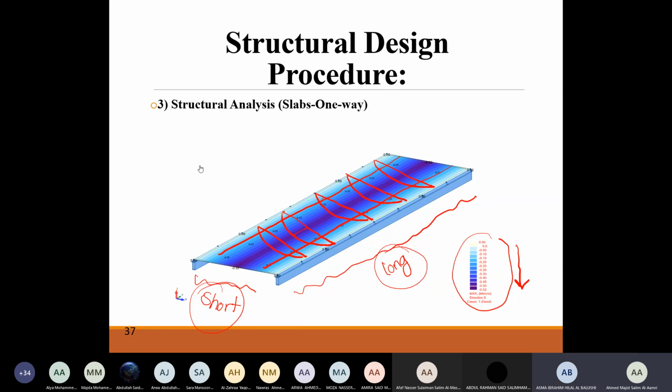Okay. Now, when it comes to a one-way slab, I have explained the example of a one-way slab and a two-way slab using a paper and a ruler, for those who have seen the explanation.